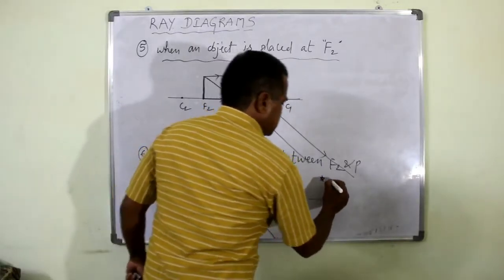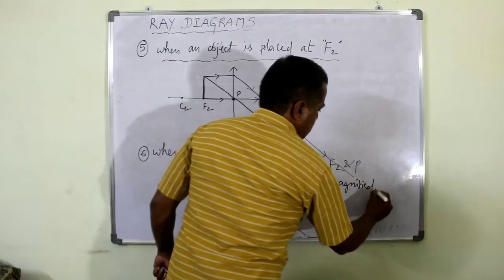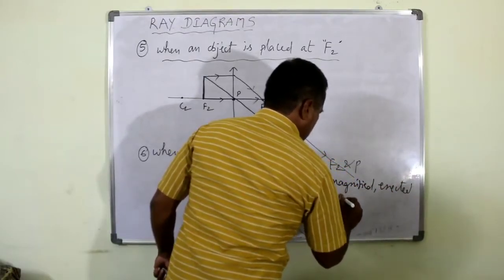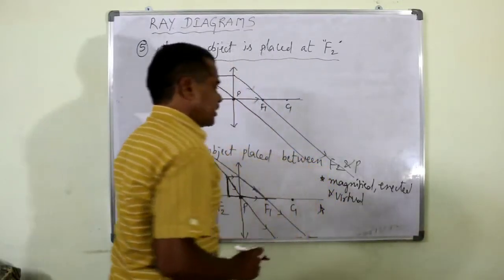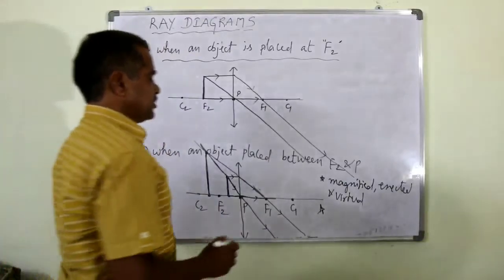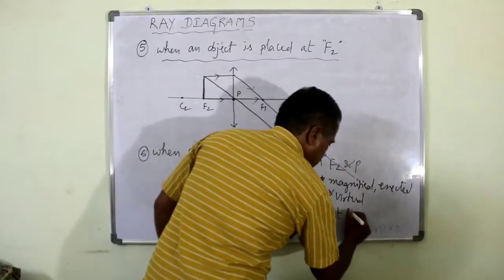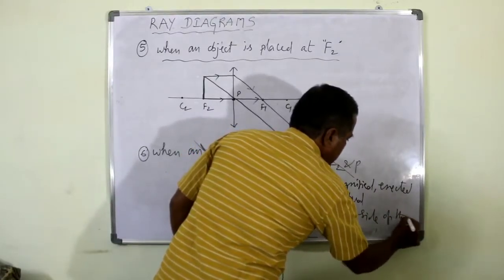So characteristics: magnified, erect and virtual image formed at the side of the object.